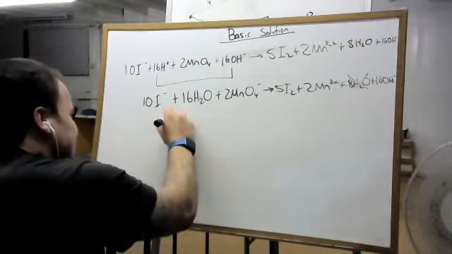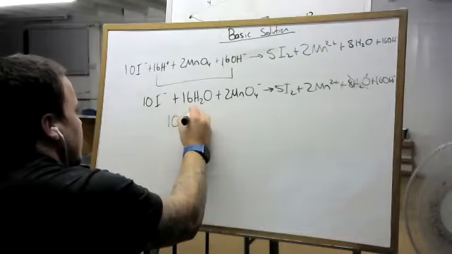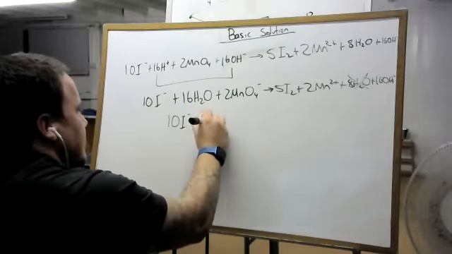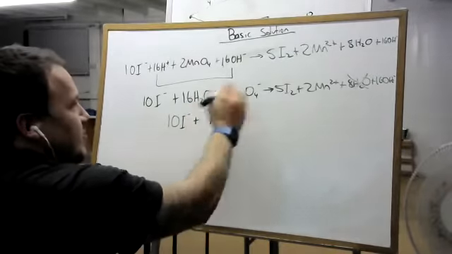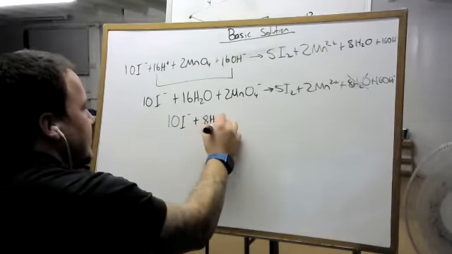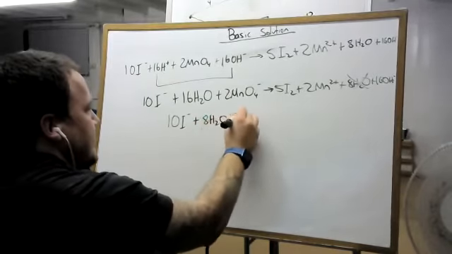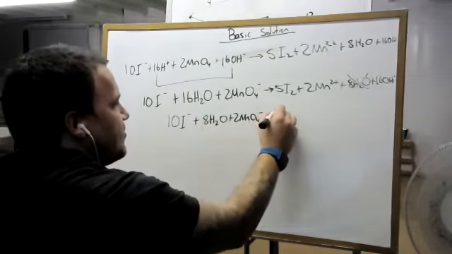So we end up with, as our balanced equation, plus 8 H2O, because we've cancelled out 8 of them. They can't just disappear. I haven't left myself enough room to write this again.